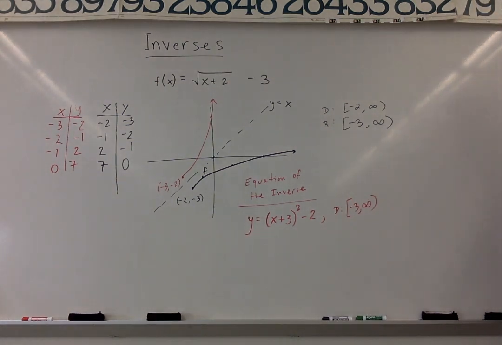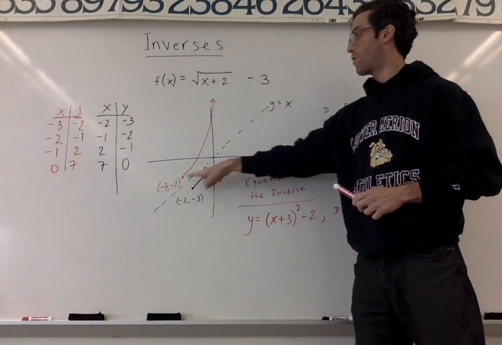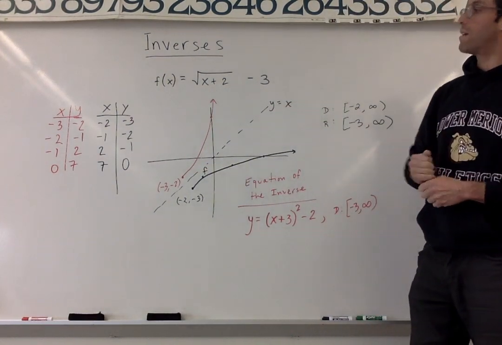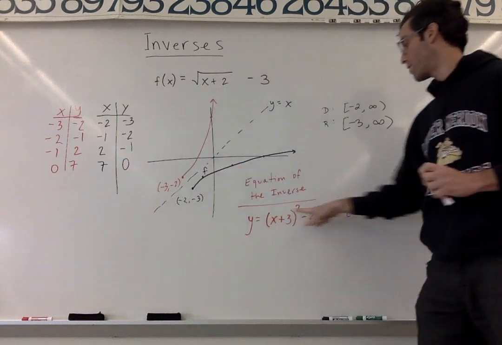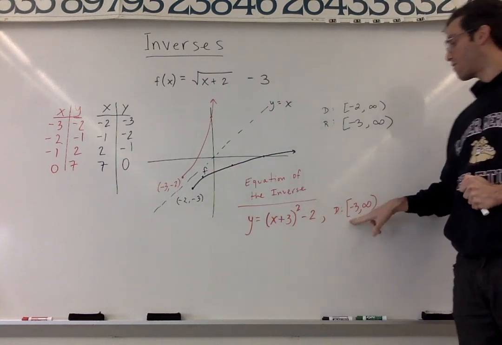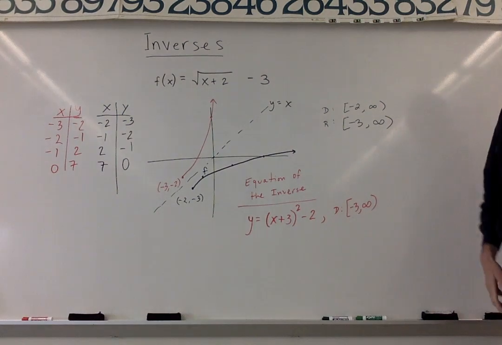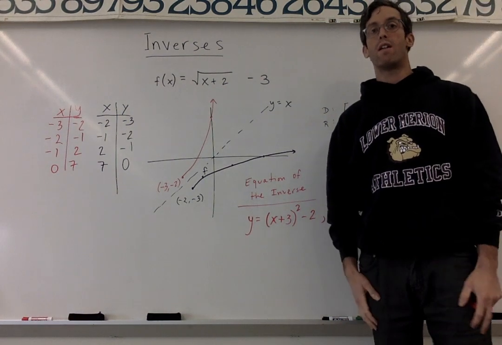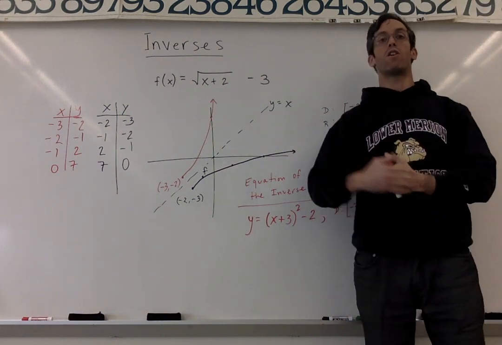That's how you show a parabola that's only half. We write the full equation, but we're only following those points for x values greater than or equal to -3. So that's how to find the equation of an inverse using a graph.